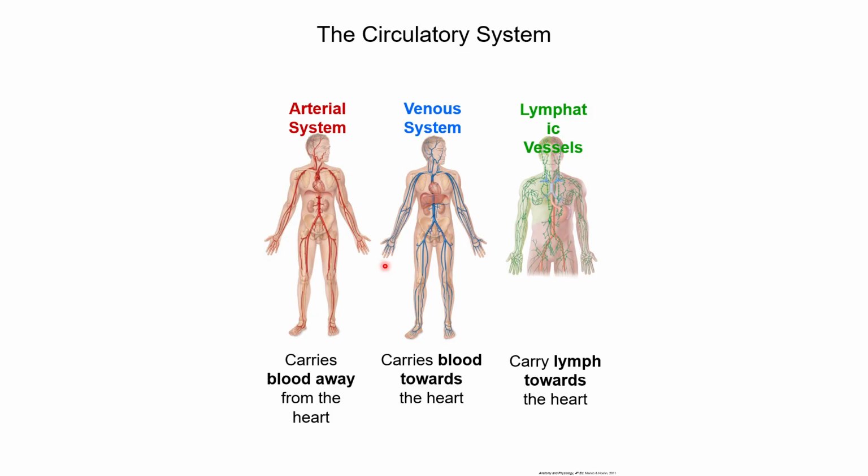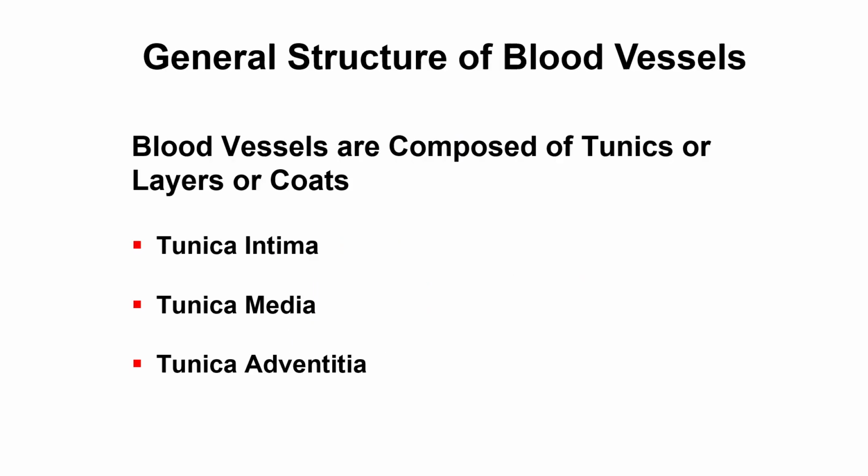Okay, now a few words about the circulatory system, the arterial system, the venous system. Lymphatics, you have it separately. The gross anatomy course had really worked on the different components of these systems, and the histology in the CMM course has worked a lot on the different vessel components.